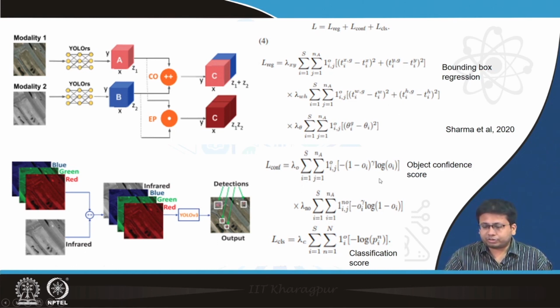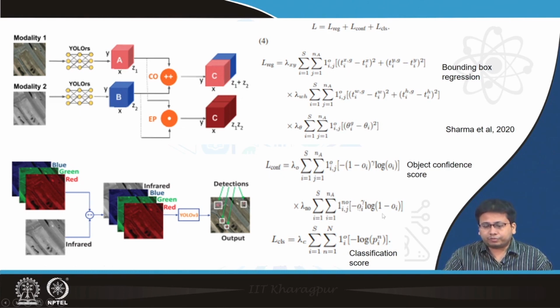Then there is the object confidence loss. Suppose a bounding box has been found somewhere. What is the likelihood that it actually contains some concrete object, or that it is on the background, or that part of it is on an object and part of it is on the background?